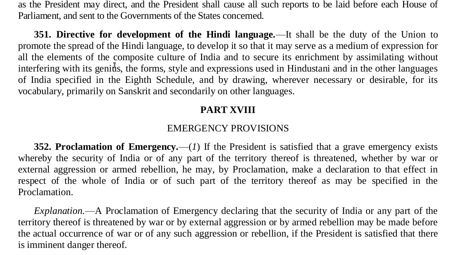It shall be the duty of the Union to promote the spread of the Hindi language, to develop it so that it may serve as a medium of expression for all the elements of the composite culture of India, and to secure its enrichment by assimilating, without interfering with its genius, the forms, style and expressions used in Hindustani and in the other languages of India specified in the Eighth Schedule, and by drawing, wherever necessary or desirable, for its vocabulary, primarily on Sanskrit and secondarily on other languages.